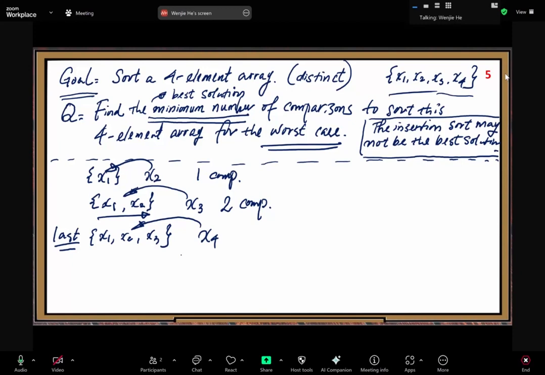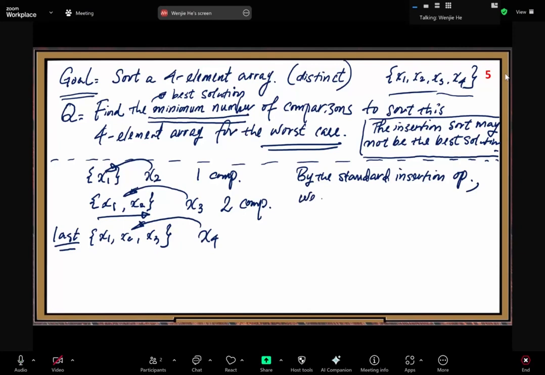By the standard insertion operation, how many comparisons do we need to insert x4 into the currently 3-element ordered array?